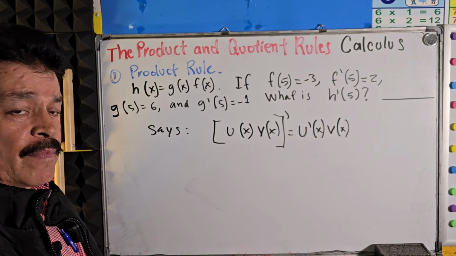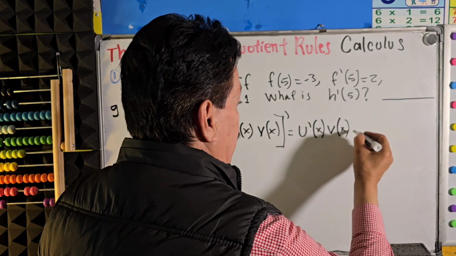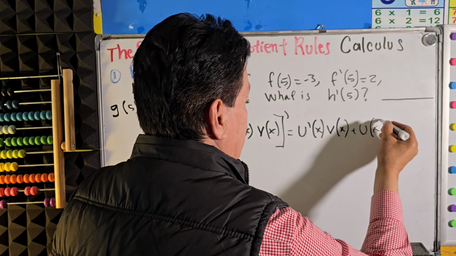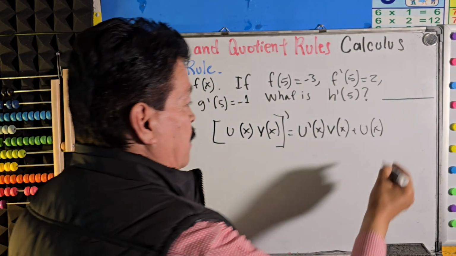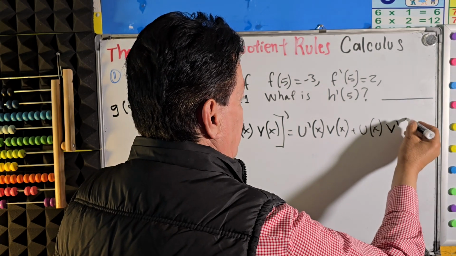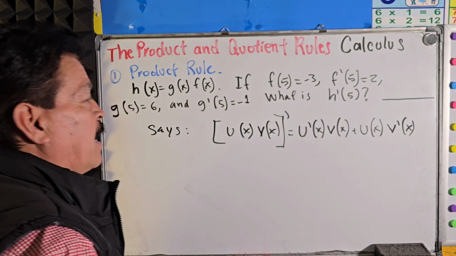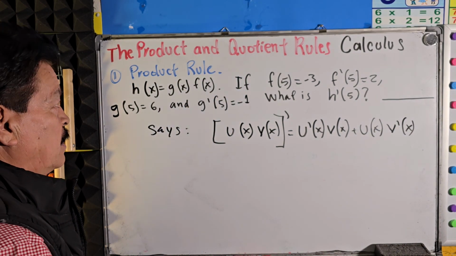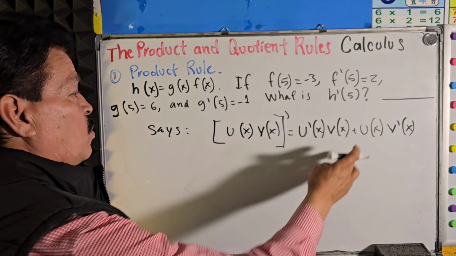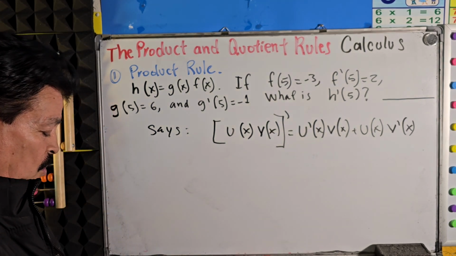plus u of x times v prime of x. This is the product rule. We have to add the terms.